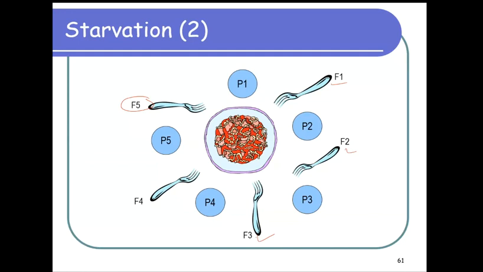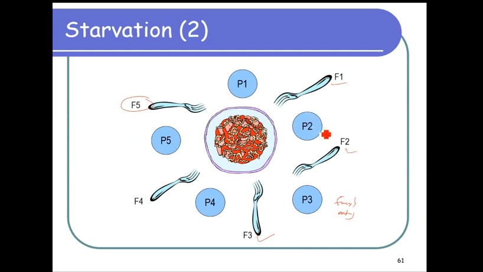Now P3 finishes eating and releases F2 and F3, without washing the forks. Now P2 realizes F2 is free, but not F1.